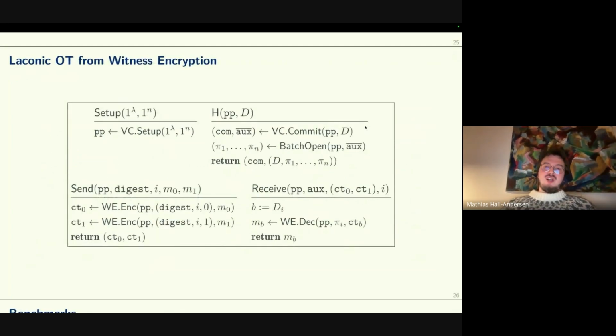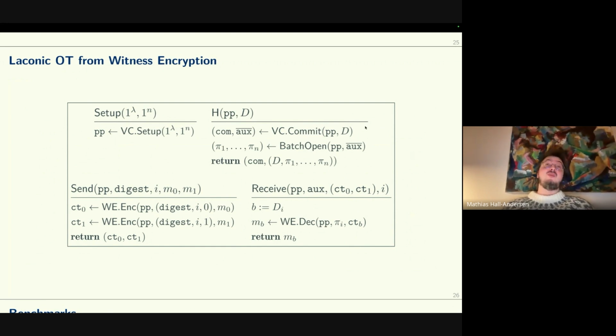The construction is fairly simple, right? I have an extractable witness encryption for a polynomial commitment scheme. So I'm basically just encrypting to the statement that the polynomial you committed to, at position I, evaluates to 1, or it evaluates to 0. Now, obviously, the polynomial can only evaluate to 1 of the 2 values, right?